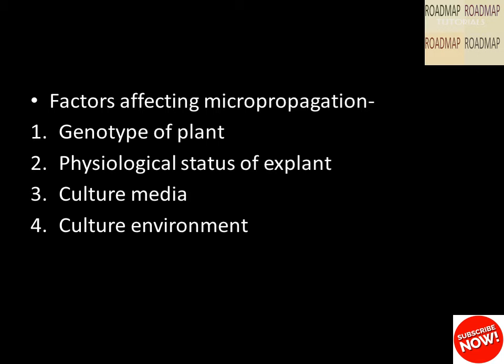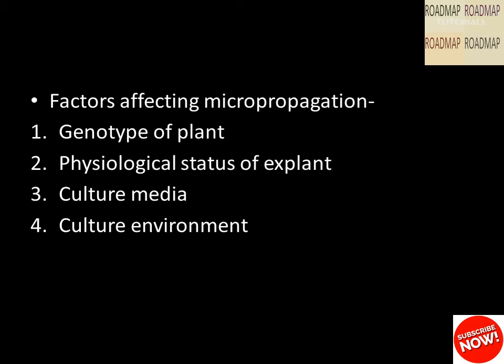Now, the minerals are also added. Mineral composition is also required, and it is largely dependent on the type of culture. It depends on which culture we are doing, whether a meristem culture or a bud culture, and depending on that the culture media required and the growth regulators and their composition depend on that.